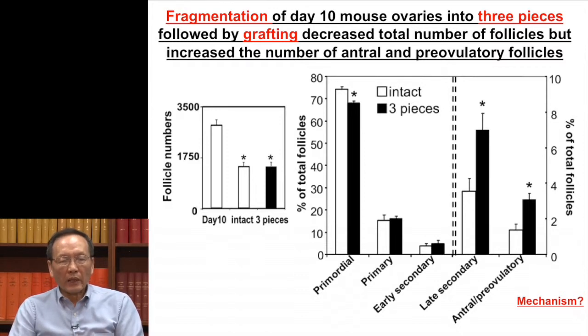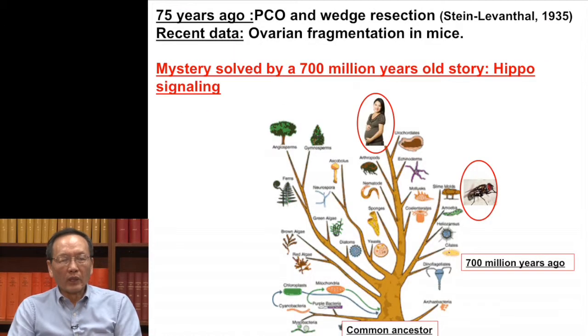So then the biggest question facing us is, what is the mechanism? And this took us almost 6 months trying to figure out what's going on. One day I was reading the literature and showing that there is a system in the fly. You can see the picture. Fly and human actually have common ancestors 700 million years ago.